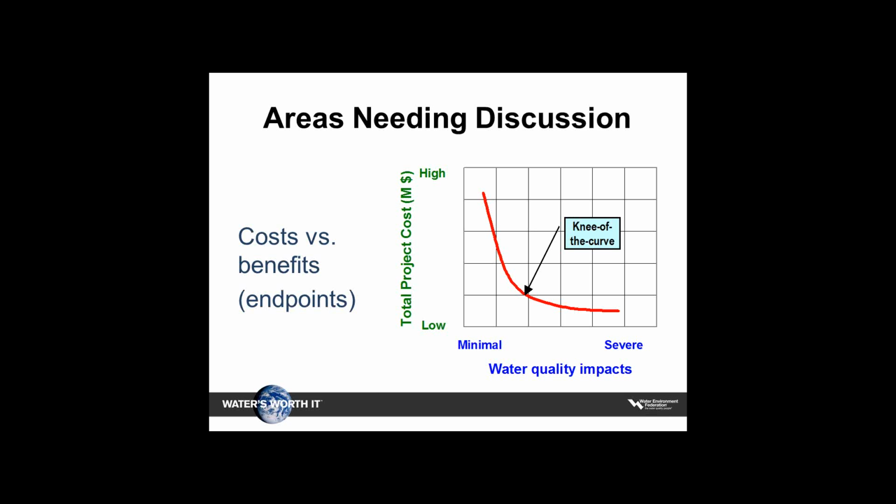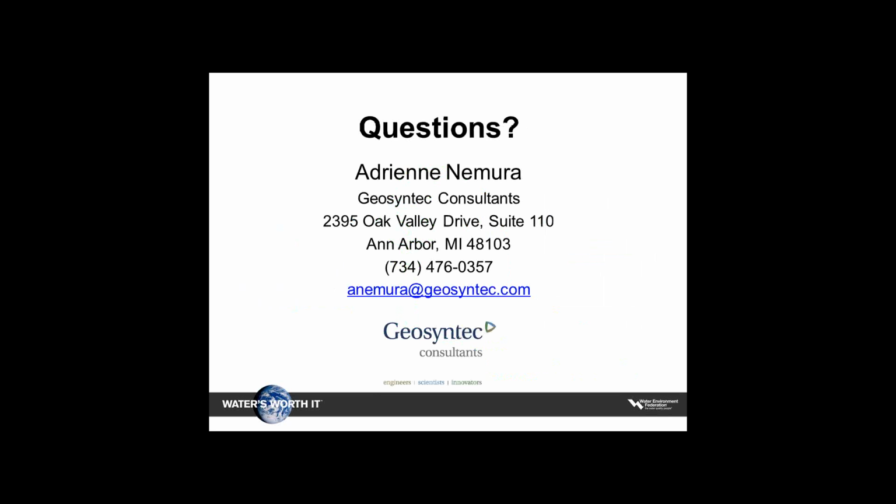Many start out with severe impacts and not spending a lot of money, and then you add more projects and get to the point where the marginal benefit is very small, and it's very hard to justify saying, well, we have this one SSO, it only goes off once a year, and only when the creek is at flood stage, but it's going to cost us $20 million to take care of that. Does that project really make sense to put on the books and just keep moving it out over time, or do we need to change what the actual endpoint should be?